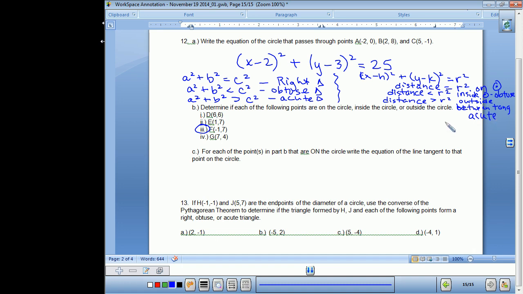If it was outside but on the tangents, it was right. Now the diameter was no longer the hypotenuse, it was that other segment, but it still formed a right triangle. And if it was outside the tangents, it was obtuse.